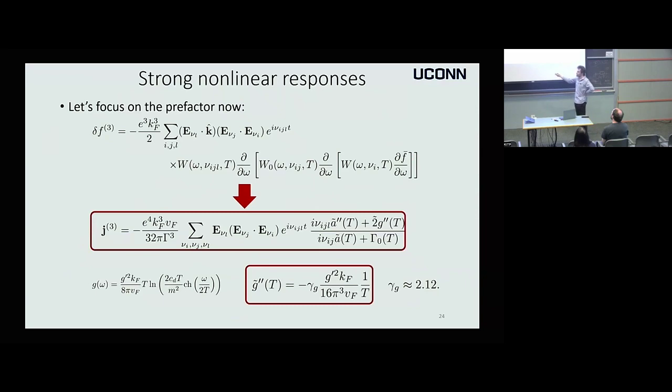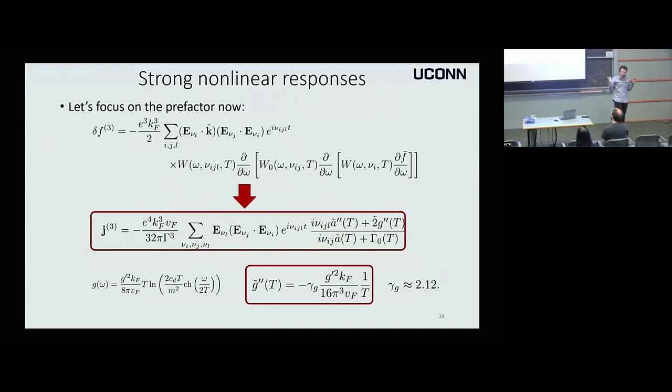So these are the derivatives in frequency, in energy. If you take the zero temperature limit, this is the absolute value of omega. So if you take the second derivative, you're going to get a delta function. But if you do this at finite temperature, instead of a delta function, you're going to get a 1 over T result. Okay, so there are some prefactors, but what matters is that it goes as 1 over T.